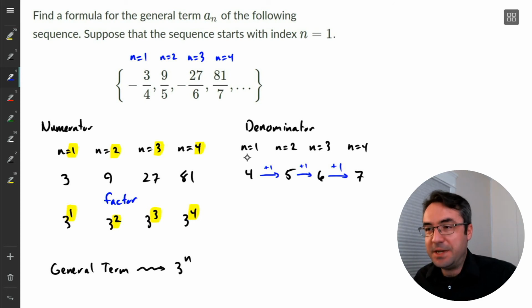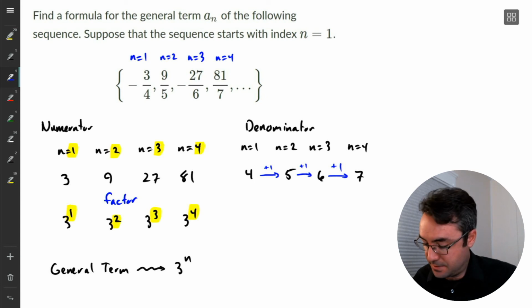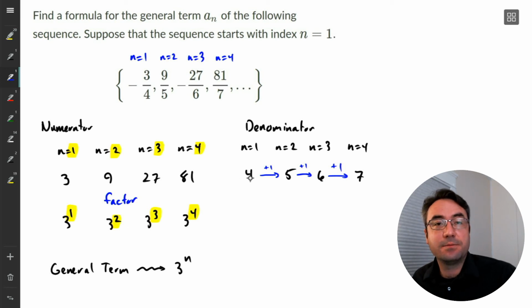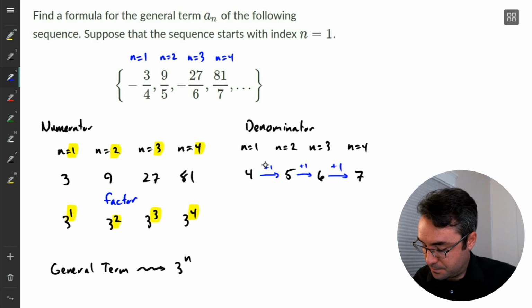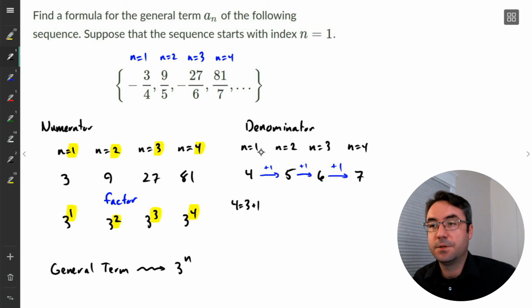So when you see that kind of thing, you want to look at the difference between the value here and our n value. So what's the difference? Our actual piece of our sequence here is 4, and that's 3 larger than n equals 1. So the 1 here comes from our n value. So we see that 4 is equal to 3 plus 1.